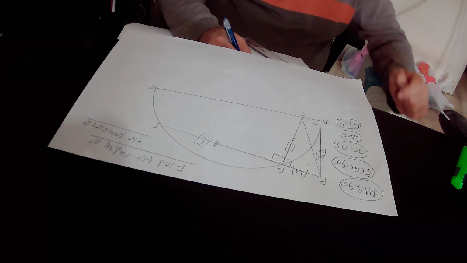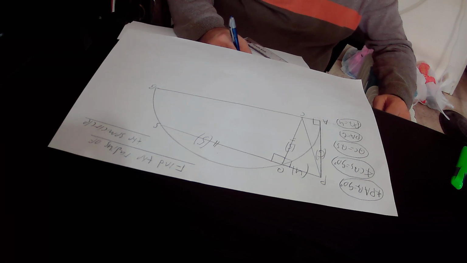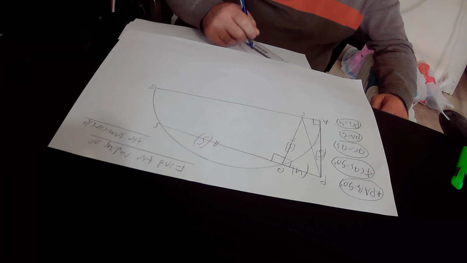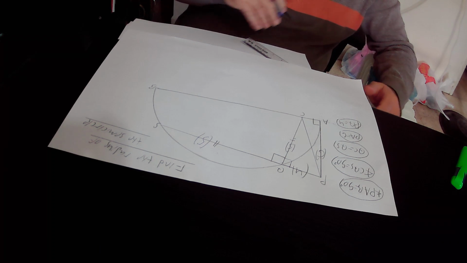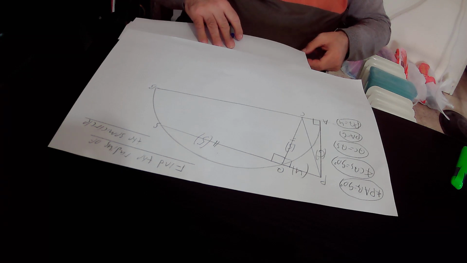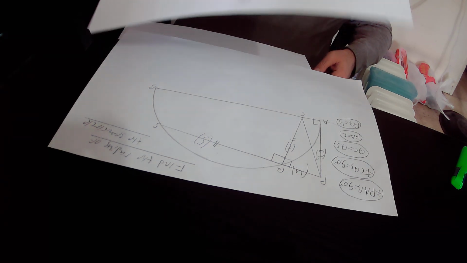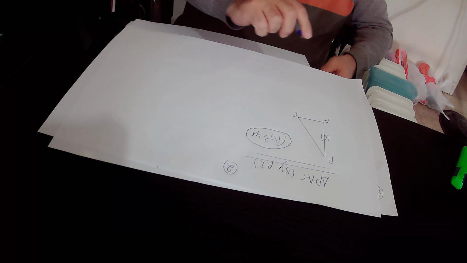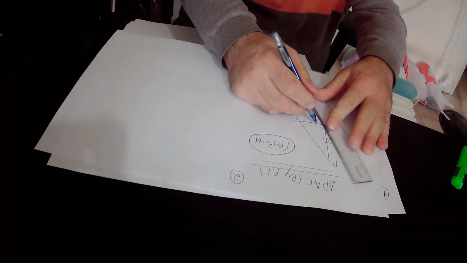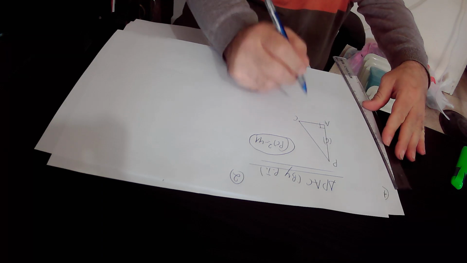Again, PC squared equals 41, according to what we already found out. So actually, this is the right triangle PAC that I copied from the original drawing.